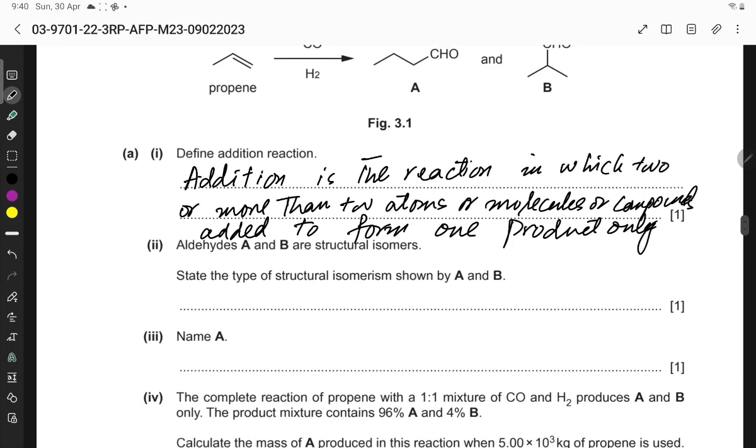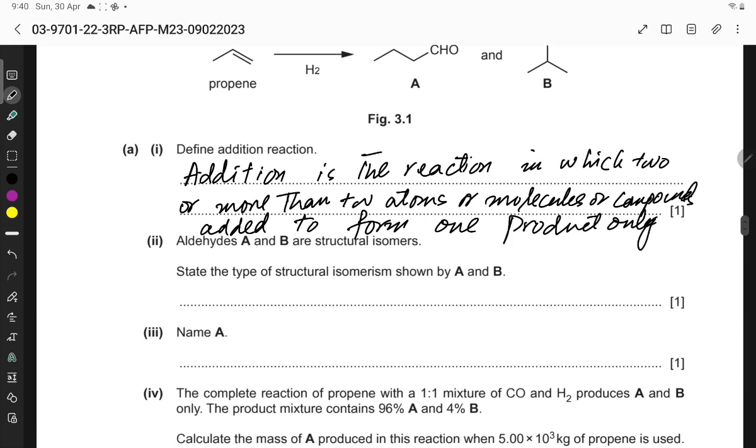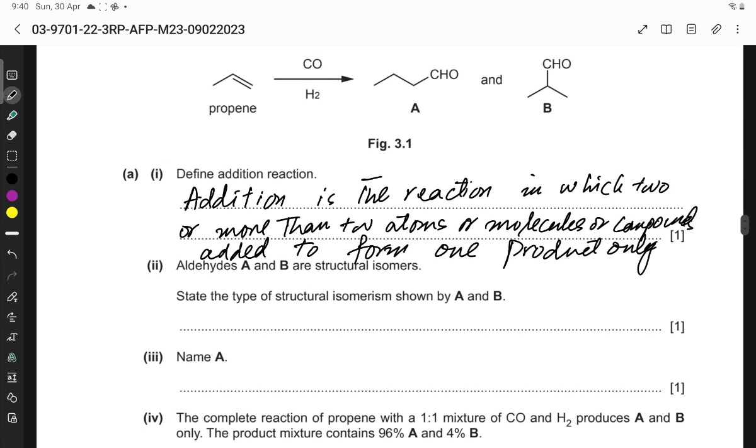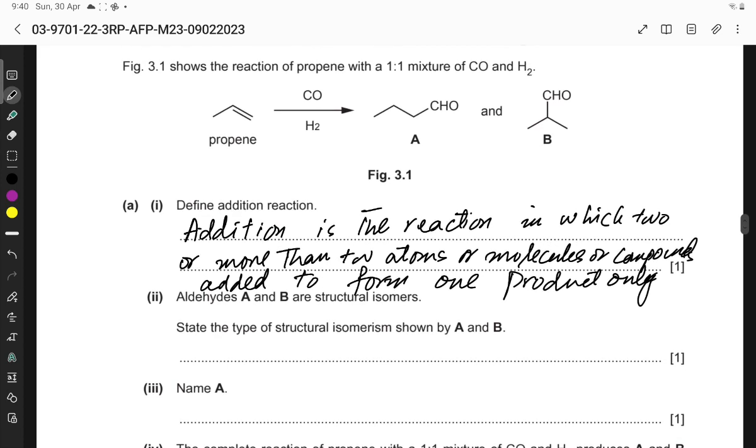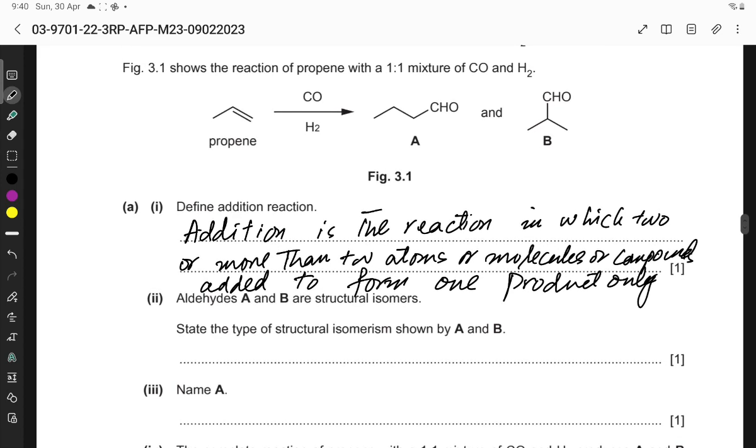Aldehydes A and B are structural isomers. State the type of structural isomerism shown by A and B. CHO.